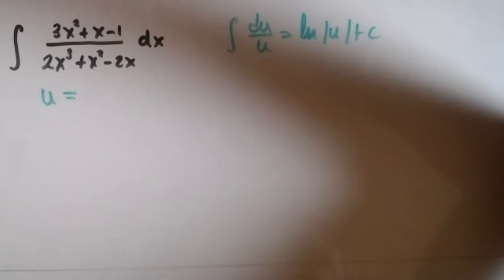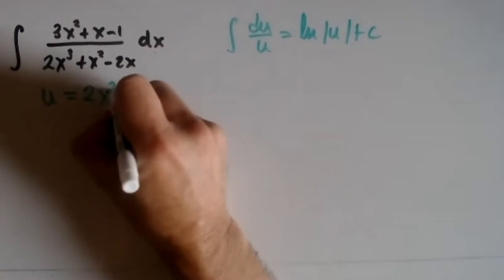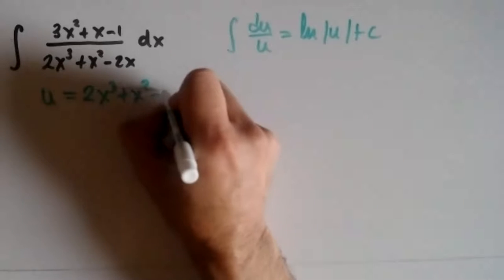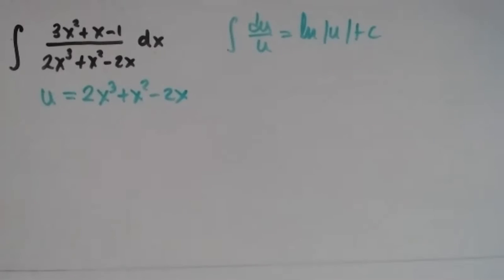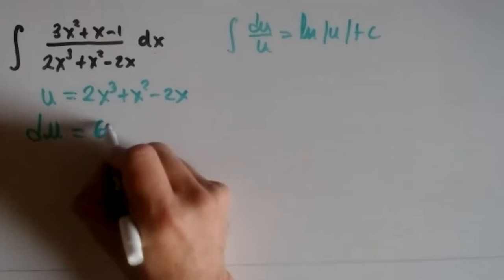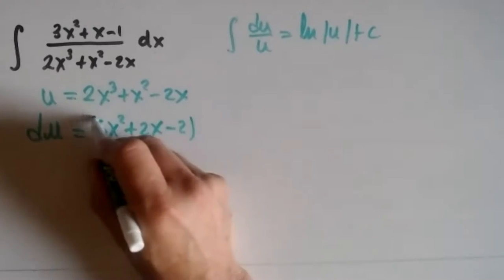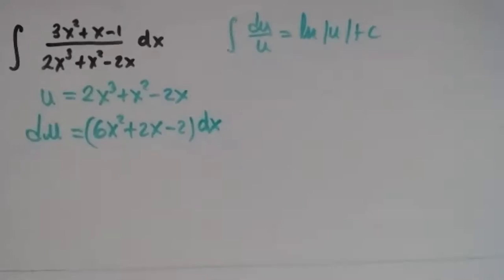This is not difficult to see. The derivative of x cubed is x squared, the derivative of x squared is x, the derivative of x is 1. So it looks like that's the choice: u equals 2x cubed plus x squared minus 2x. Then we take the differential: 6x squared plus 2x minus 2, everything multiplied times dx.